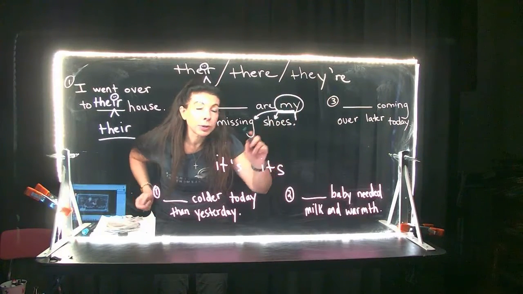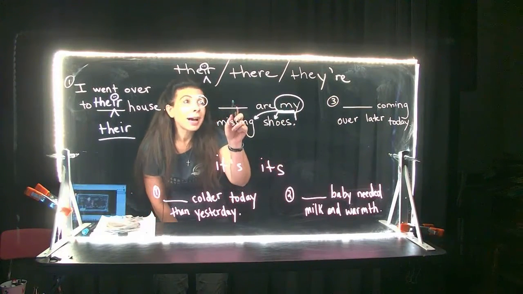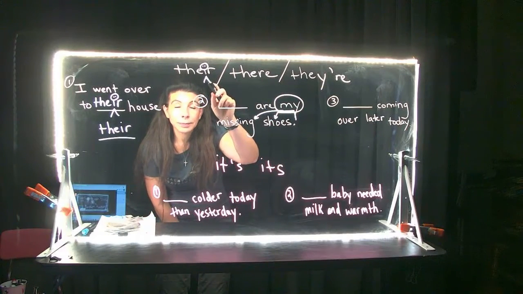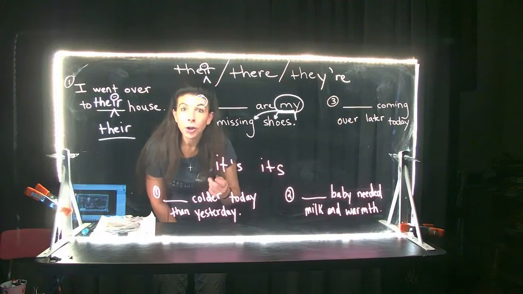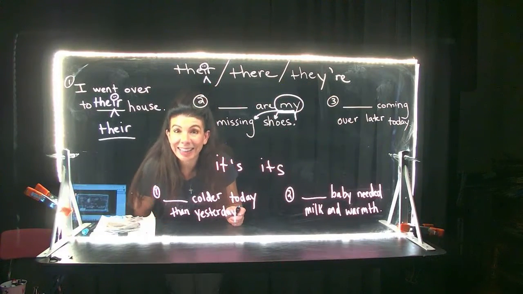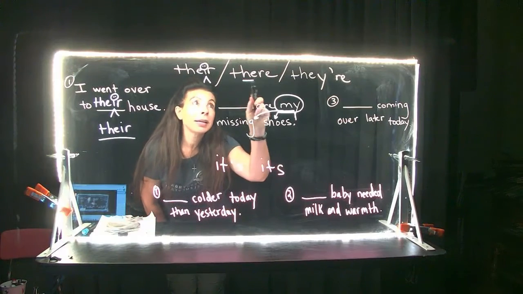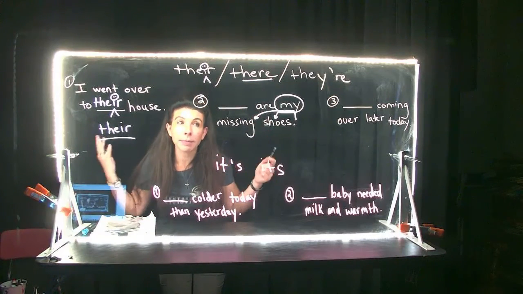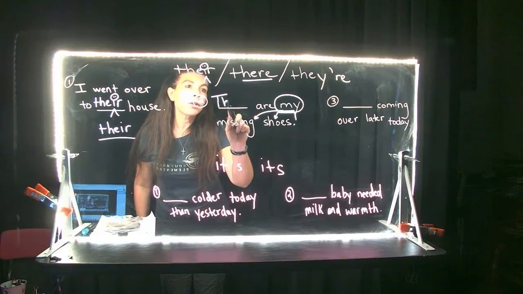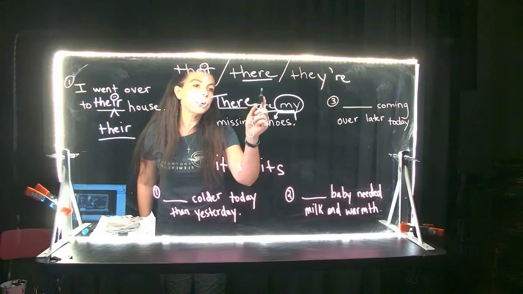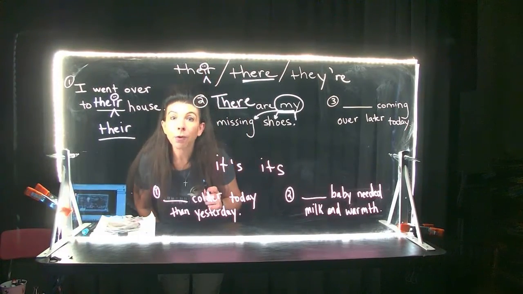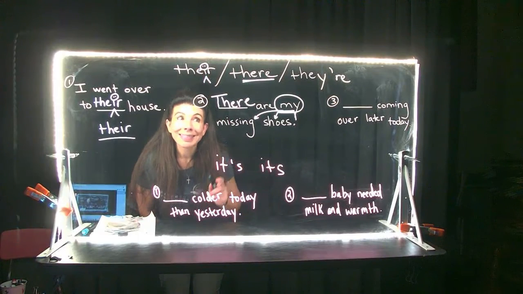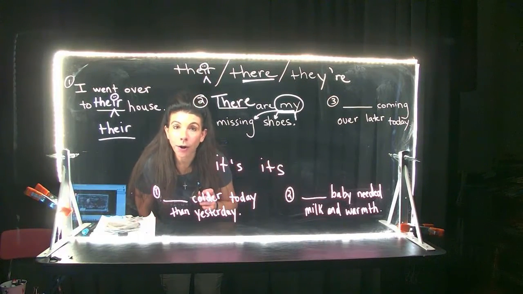My shows possession. So it's not this one. It's not the contraction. Could you also substitute here? Remember what I told you? Here and there. Here are my missing shoes. There are my missing shoes. Yes, if you can substitute here for there, it should be T-H-E-R-E. Did you get that right?